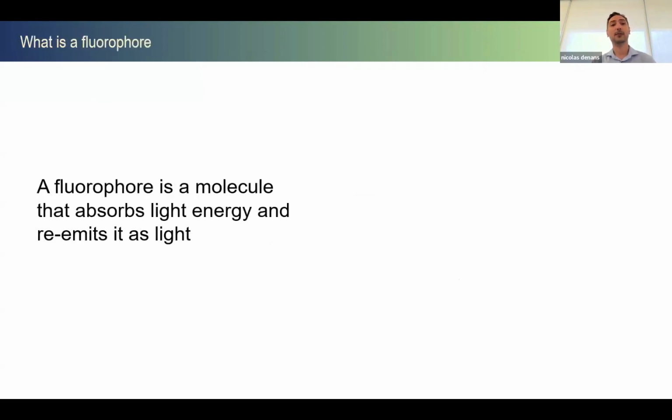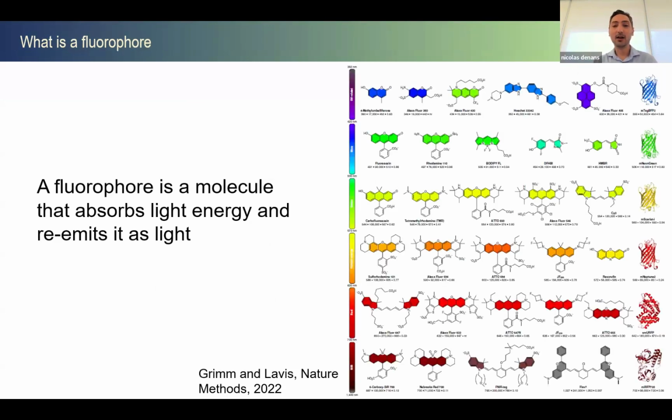What is a fluorophore? A fluorophore is a molecule that absorbs light energy and then emits it as light. There are a lot of fluorophores on the market, an overwhelming amount. They can emit in the UV, blue, green, yellow, orange, red, far red. You have fluorophores that most of you know because we use them for antibody staining, like the Alexa fluorophores, the ATTO fluorophores, the CF fluorophores.